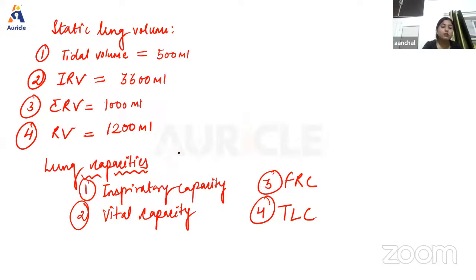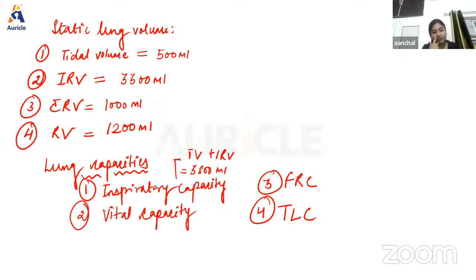For the formula of its calculation, we can determine the inspiratory capacity as tidal volume plus IRV, inspiratory reserve volume. Tidal volume is 500, inspiratory reserve volume is 3300, so it will be around 3800 ml. The next we have vital capacity. So what is vital capacity? It is the maximum volume of air that can be expelled forcefully after taking a deep inspiration.